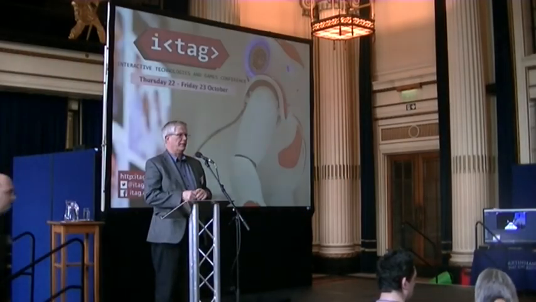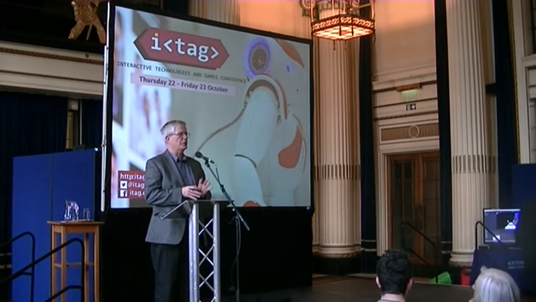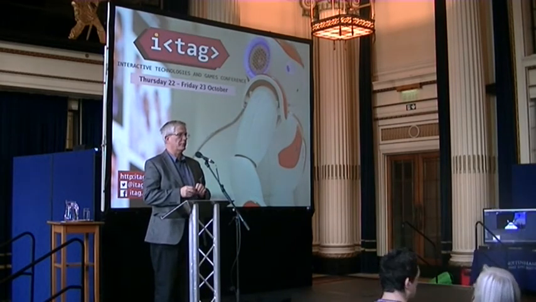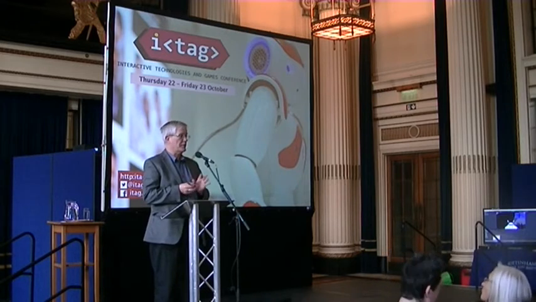Mention of ethics reminds me to say that I don't know if there are people here who've been having issues around gaining ethics approval for the kind of research we're all involved in, but I'd be interested to know if you have.